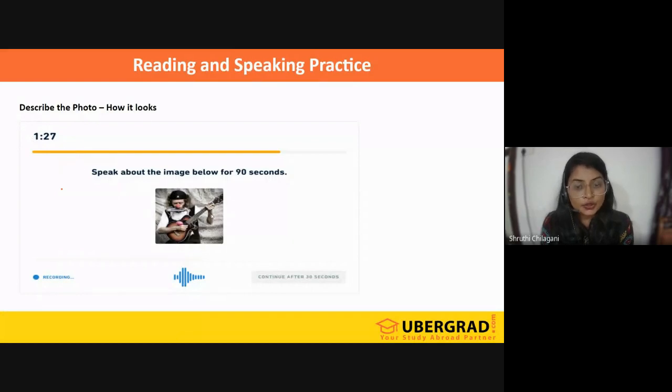You are initially given the image. It says speak about the image below for 90 seconds, and here you will be given a recording button. You click it, and once you start recording, you can stop it after 30 seconds, or you can continue until 90 seconds. Cool. You cannot stop the recording until 30 seconds.